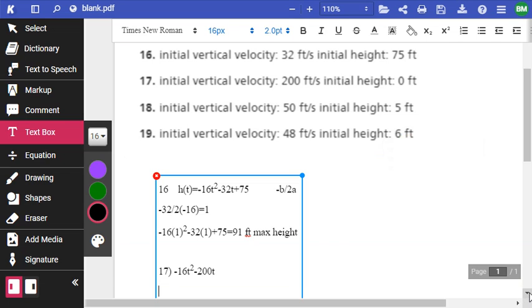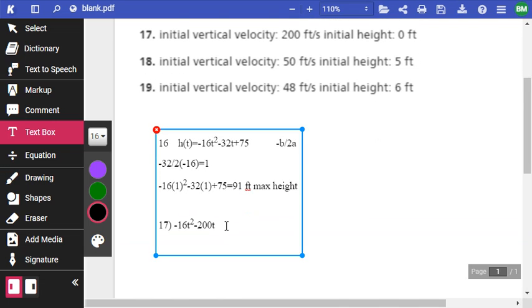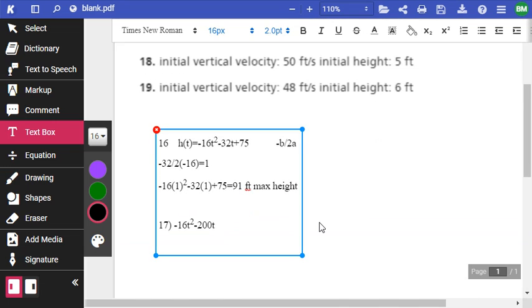My next step here is, again, to find that axis of symmetry. So use that formula, negative b over 2a. So we would say negative 200 divided by 2 times negative 16. That is going to give me my x value of my vertex, or my axis of symmetry, which is 6.25.